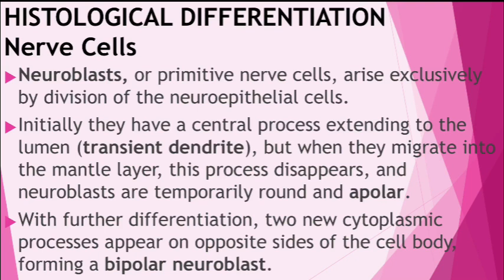The cell at this stage is known as a multipolar neuroblast. So you see the nerve cell is differentiating. The multipolar neuroblast goes on to differentiate further, and it becomes the adult nerve cell or neuron. You must not forget that once the neuroblasts form, they lose the ability to divide.